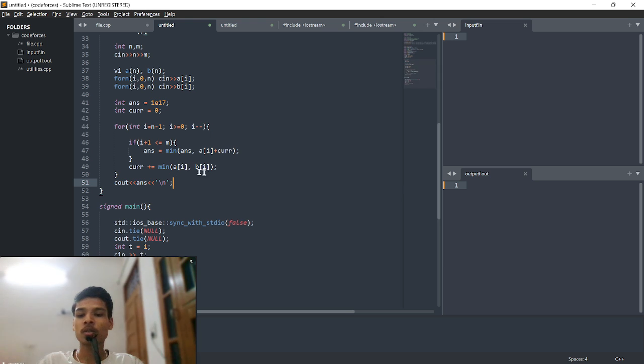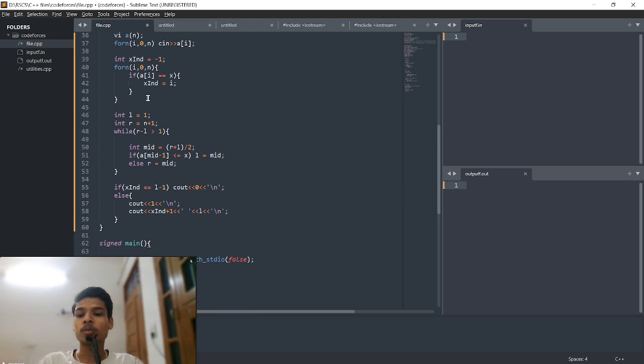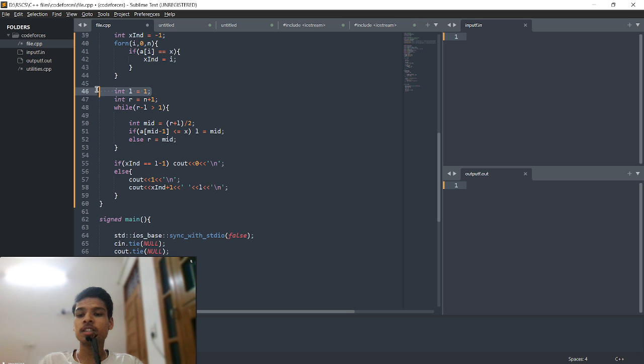If I show the code, it is also easy. Simply perform the normal binary search. This is left, this is right, and while left is less than or equal to right. If my current element is smaller than my target, then simply increase my left part, else decrease the right part.